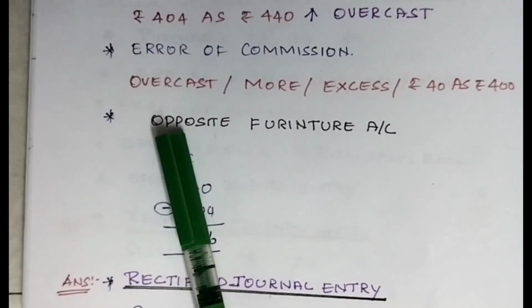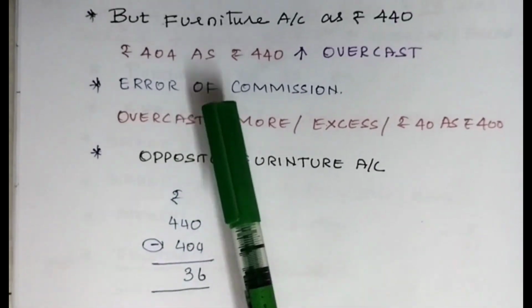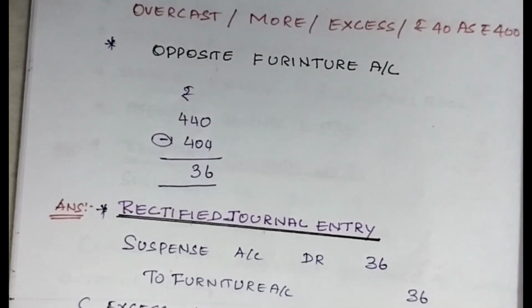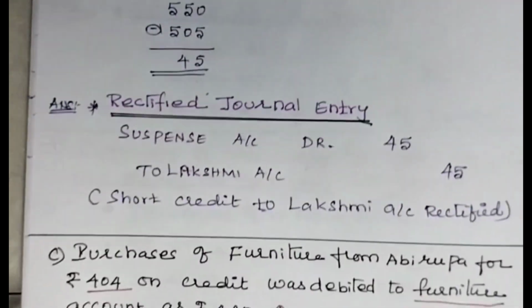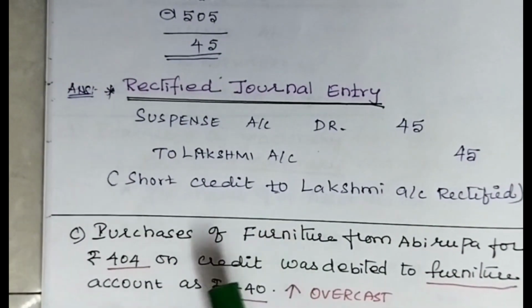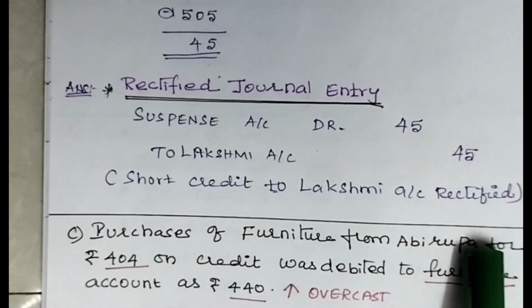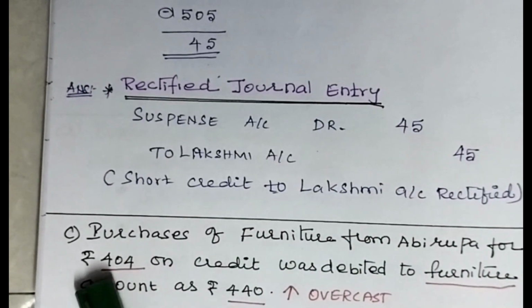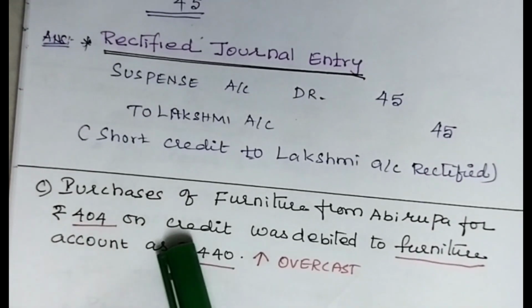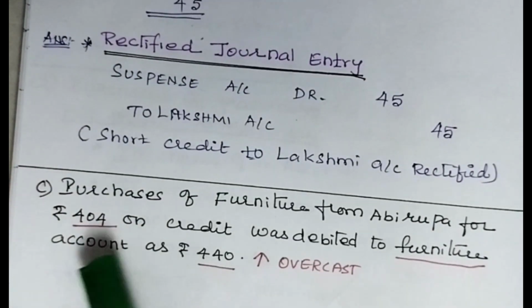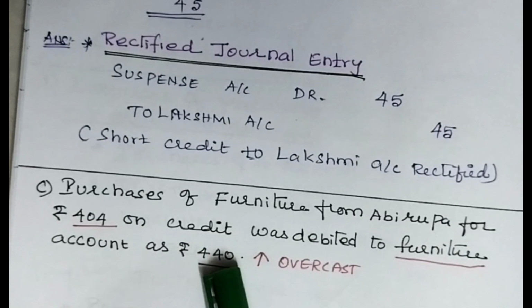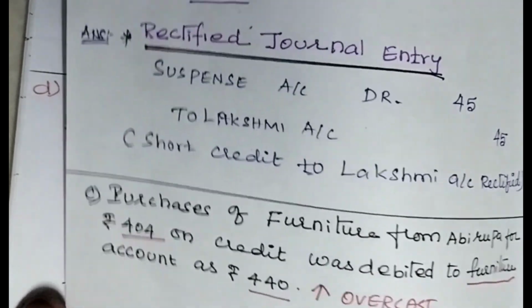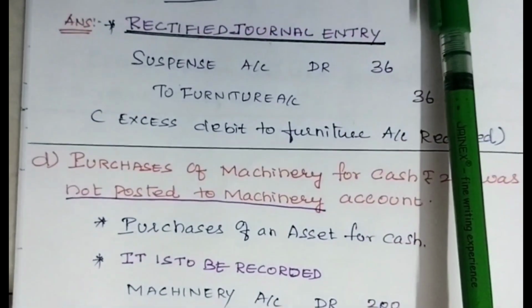Which account is affected? There are two accounts, Abhirupa account and furniture account. The accountant correctly posted Abhirupa account as 404, but wrongly debited furniture account as 440. So the error is only on the furniture account.